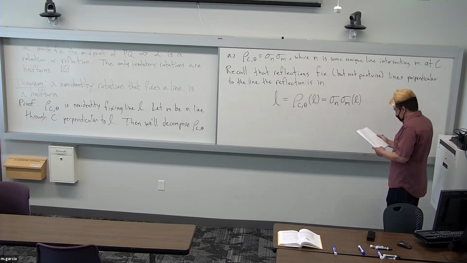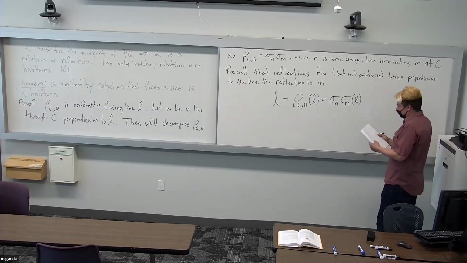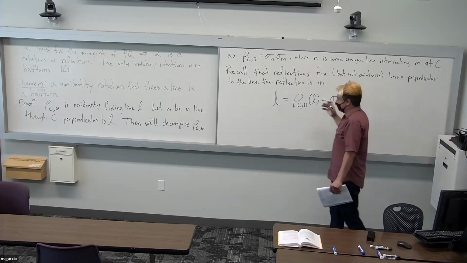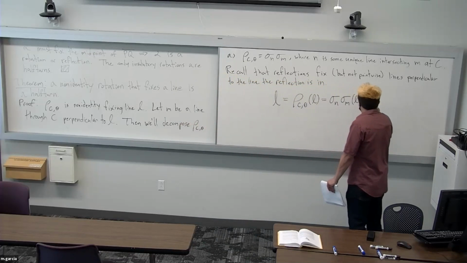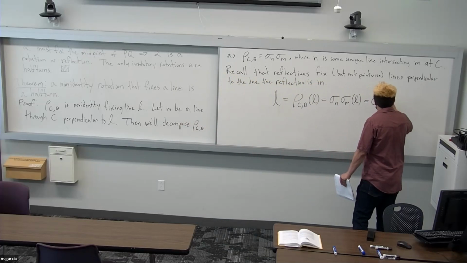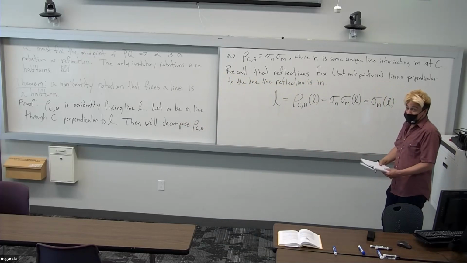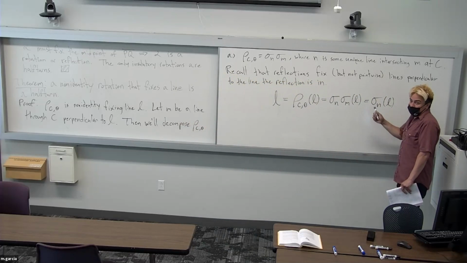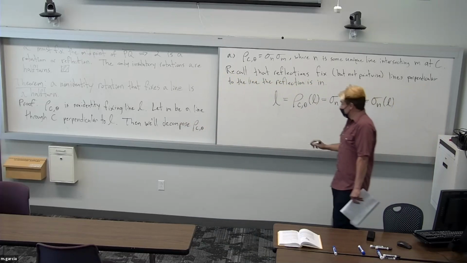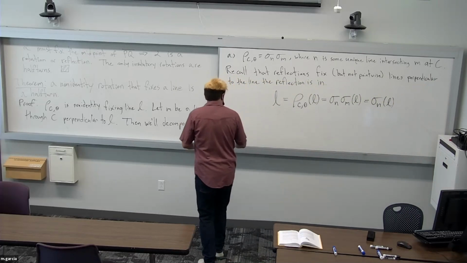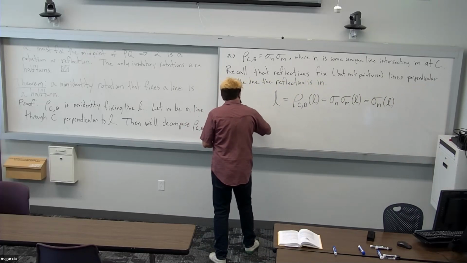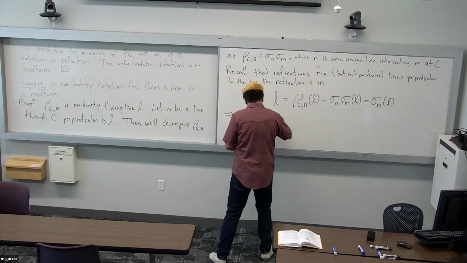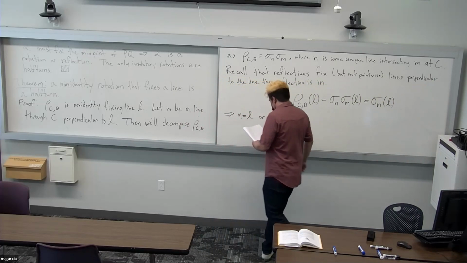Of course we chose M to be perpendicular to the line L and through the point C, meaning that sigma sub m fixes L. So this implies that n is equal to L, or n is perpendicular to L.